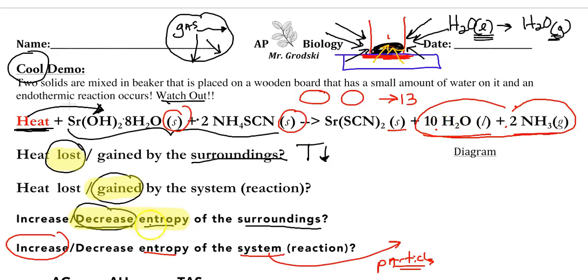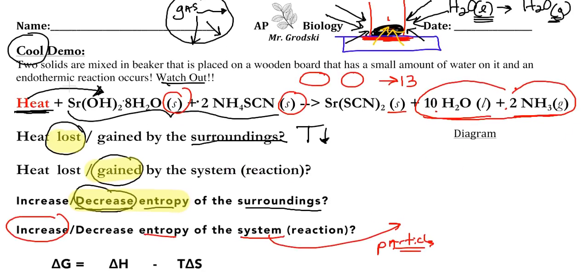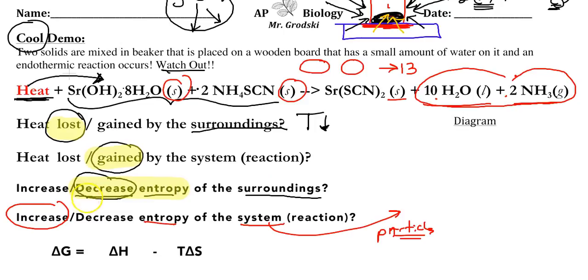Okay, hope you see that. So we have a conundrum here, don't we? We have a decrease of entropy in the surroundings because we lost some heat, and then we have an increase in the system because we're making 13 particles from 2, some of them liquids and gases from 2 solids.